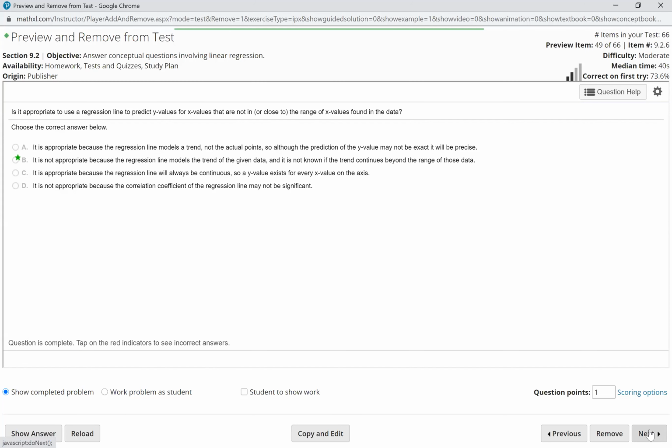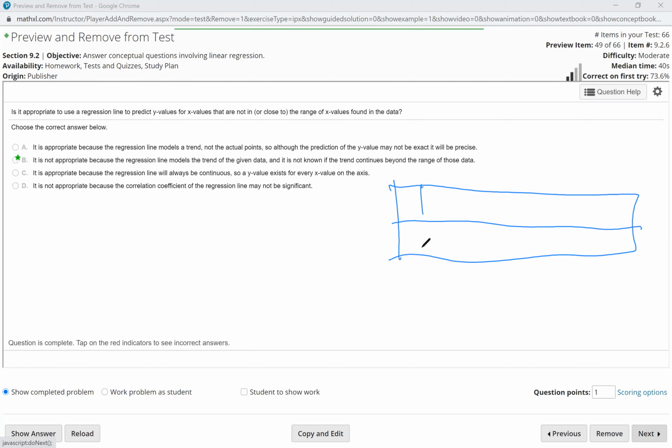Is it appropriate to use a regression line to predict Y values for X values that are not within the range of X values? Let me tell you what I mean by that. Let's say, guys, your X values were this, and you have Y values here.